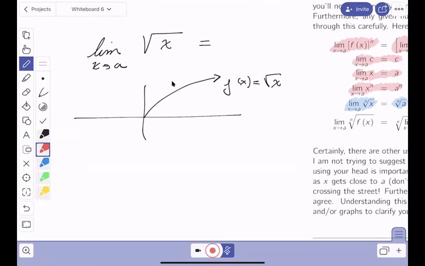But what they're saying over here is that you're going to have a problem at this point. And why is that? You can't approach it from the left. That's so important. That's why they're saying the a has to be greater than 0.